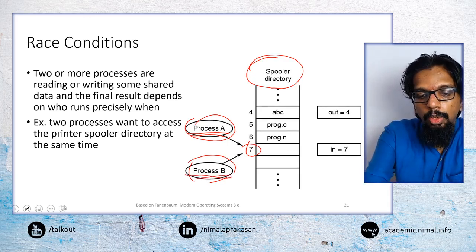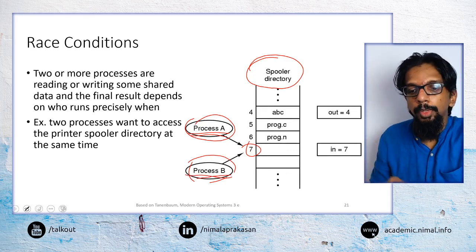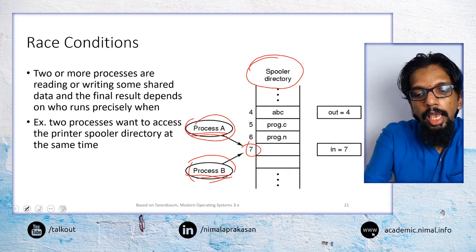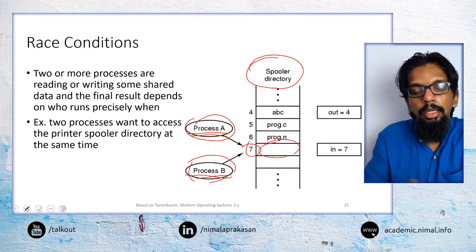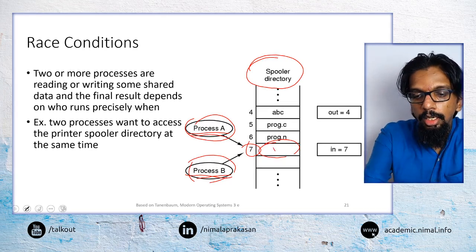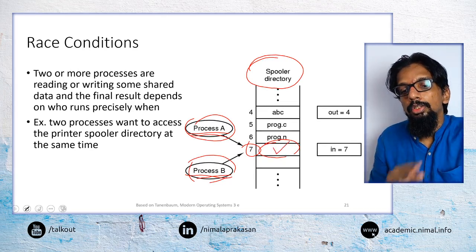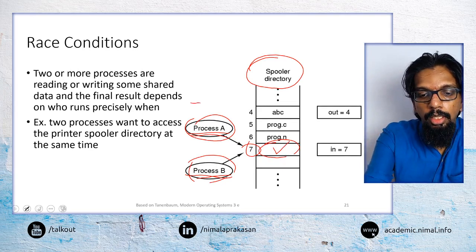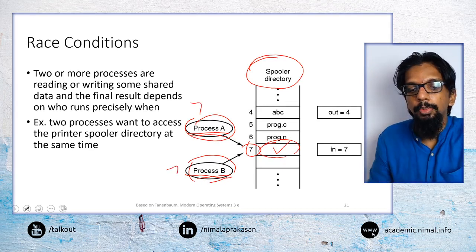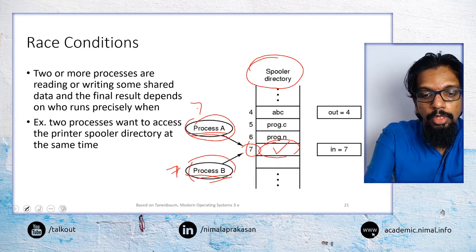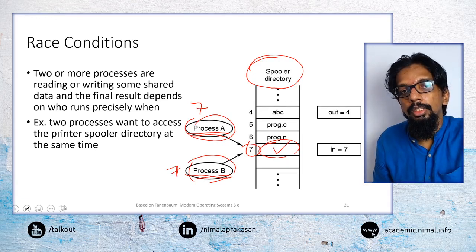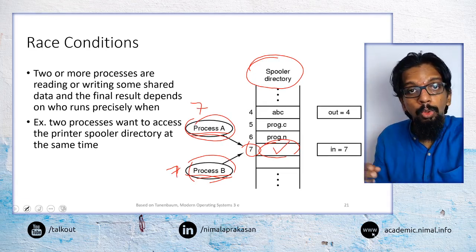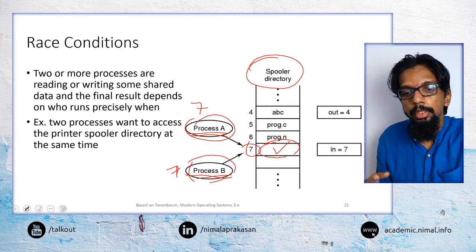Now process B goes and asks what is the free space. Because process A hasn't written anything yet in this location, that is still freely available. So now process B also thinks 7 is the free space. Now both of these processes are thinking 7 is the free space. Now again a process switch happens.